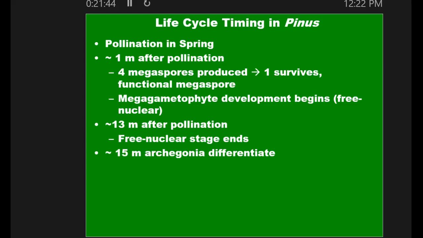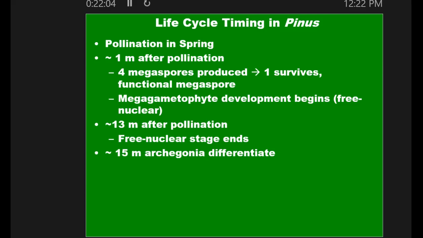So pollination happens, and then the pollen grain just sits there, twiddles its thumbs until the megagametophyte kicks in and does all of its development. So it's kind of weird how it's this offset, but it works. It works for them.